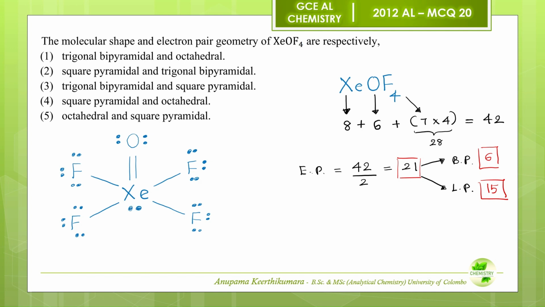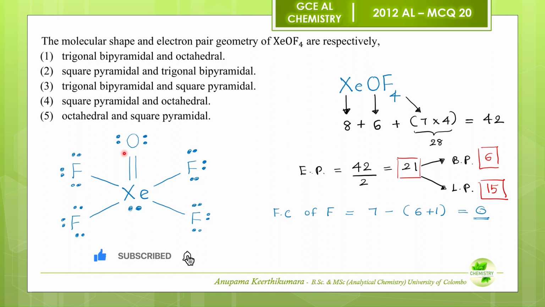The final step is assigning formal charge. First, we will calculate the formal charge of a fluorine atom. Formal charge of fluorine equals number of valence electrons, that is 7, minus number of electrons in lone pairs, that is 6, plus number of bond pairs, 1. Therefore, the formal charge of these fluorine atoms is 0.